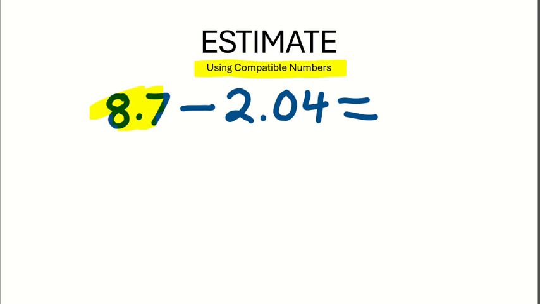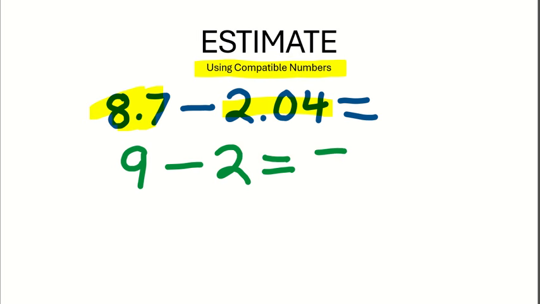So is $8.70 going to be closer to $8 or $9? We know that it'll be closer to $9. And now over here, $2.04, will it be closer to $2 or $3? We know that it'll be closer to $2. And now, 9 minus 2 is 7, which tells us that the actual answer is going to be very close to 7. That's a solid estimate.